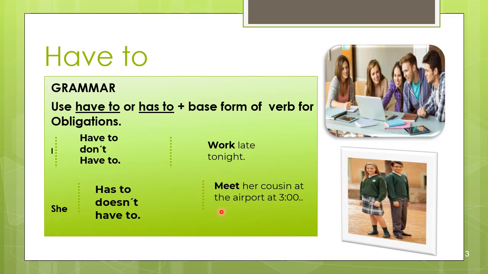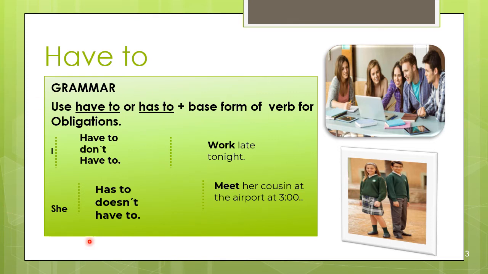She has to meet her cousin at the airport at 3. Remember that in simple present tense, we use another auxiliary for negative and interrogative. She doesn't have to meet her cousin at the airport.